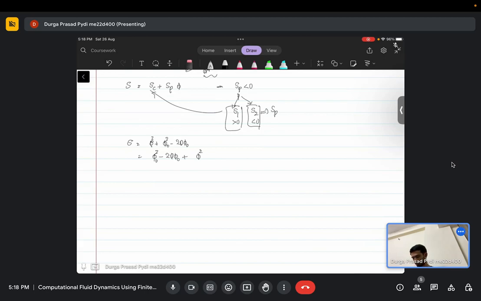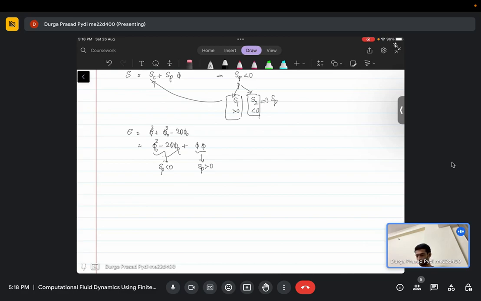So this particular term has SP as negative, and here we essentially have SP as positive. If you write it as SC plus SP into phi, or maybe I'll just write it for better clarity, this is one term, and the second term is 0 plus phi times phi.